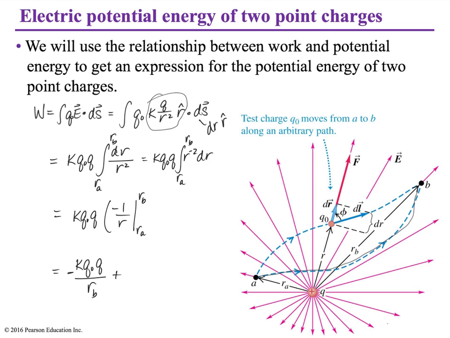Then when we substitute in the lower limit, but we subtract it, I get two negatives, and I get k q naught Q over rA.